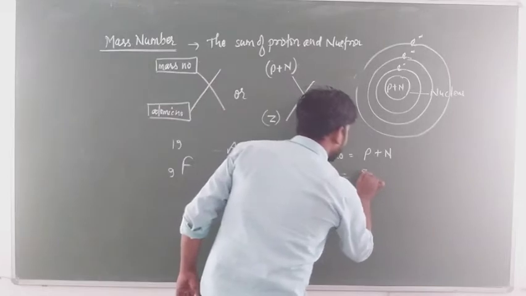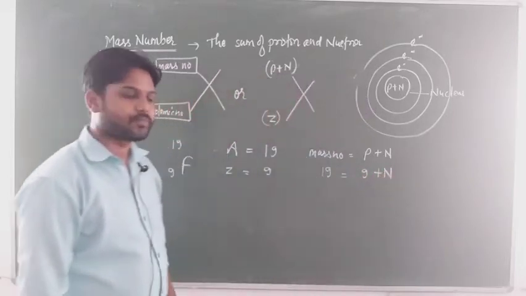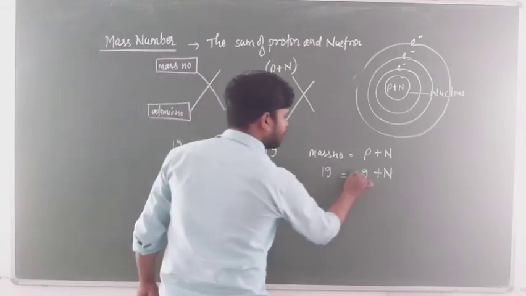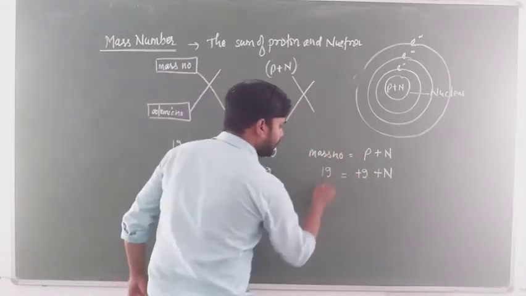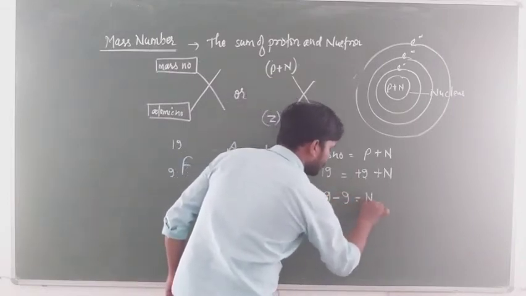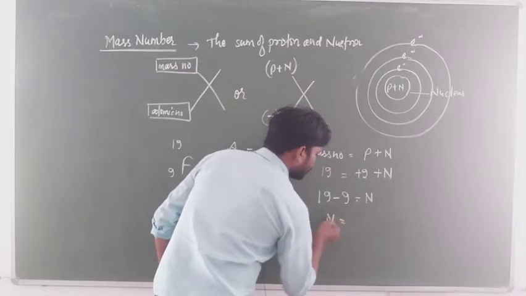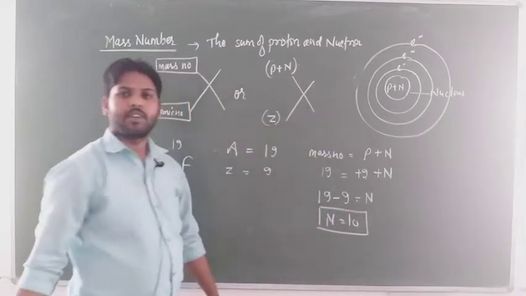So 9 is given there and we have to calculate neutrons. Now when this plus transfers to the other side, students, the plus sign will change and become minus. So we can write neutron is equal to 10. Clear, students?